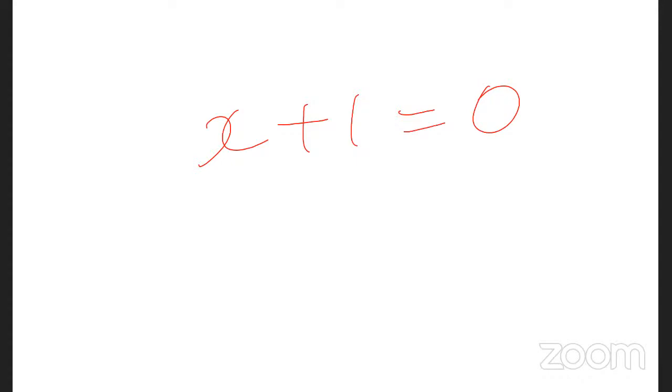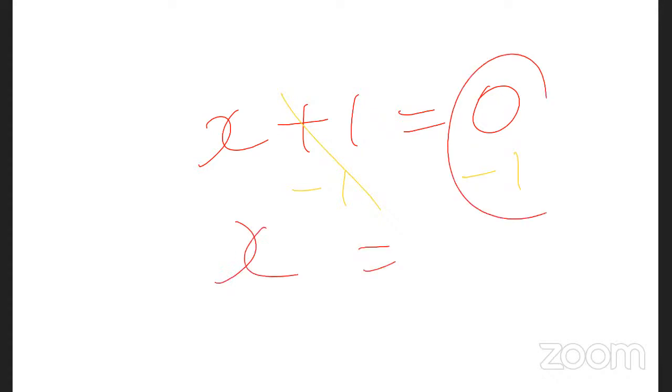Solving. So we have plus 1, subtract 1 from both sides. Balance our equation, subtracting 1 from both sides. That goes. We're left with x. What is 0 minus 1? Good.